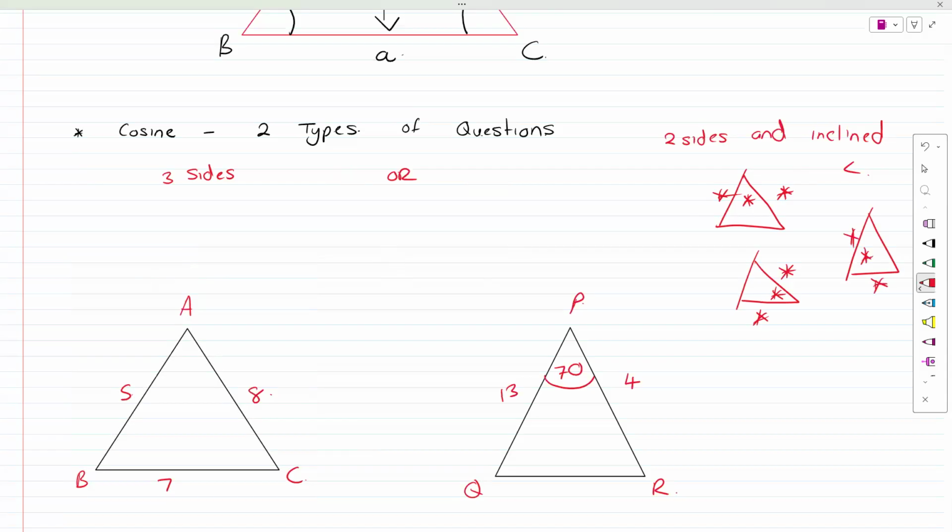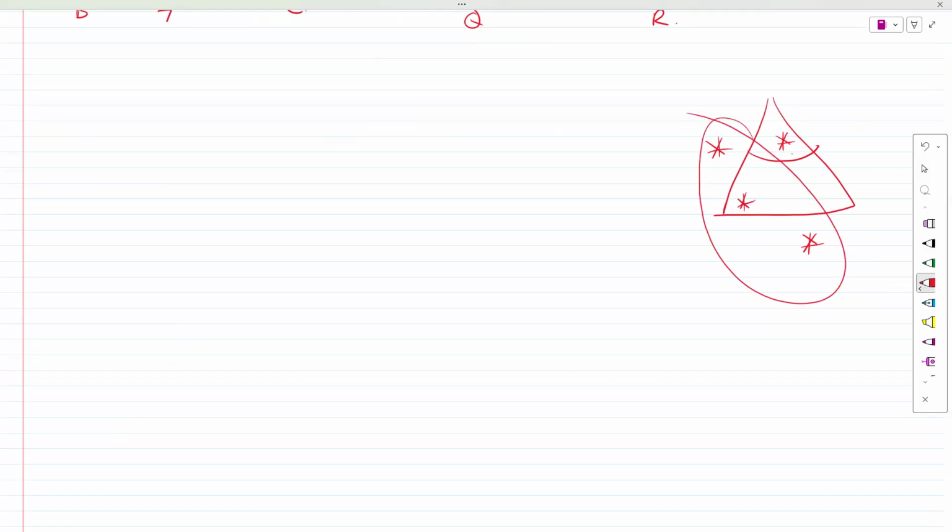That means the angle must be stuck in between the two sides that we have. So all of this works out. Just for an example, if I had this, it would not be cosine. Why? Because my angle is not stuck in between two sides. But if I had the angle here, I could use cosine.